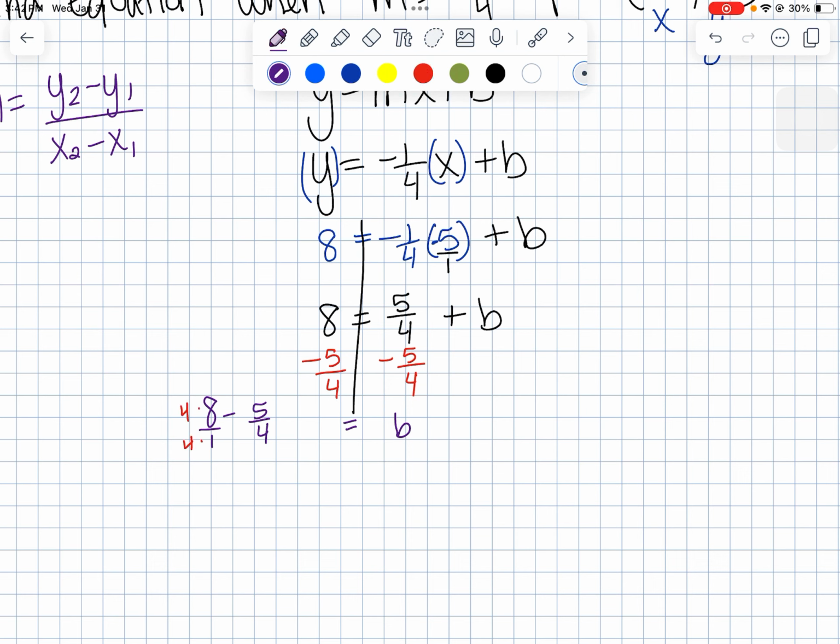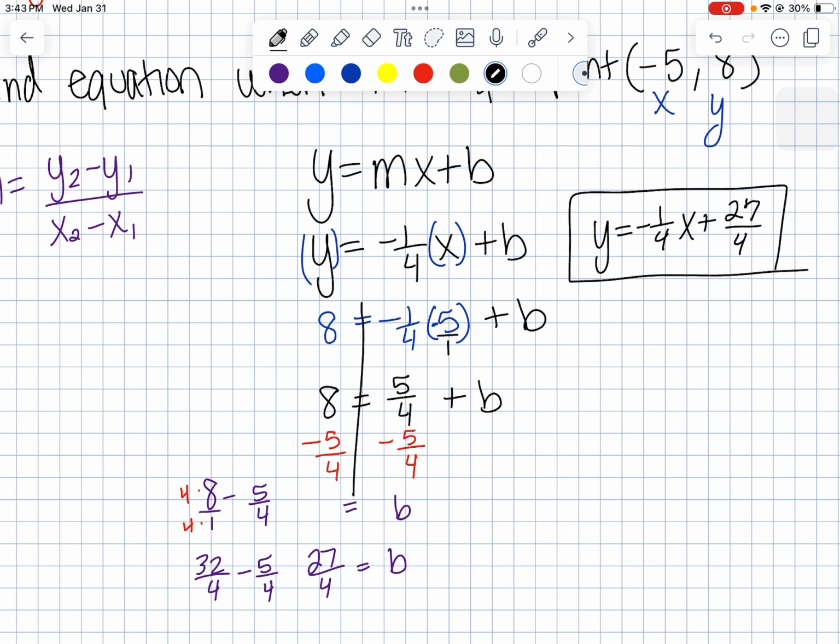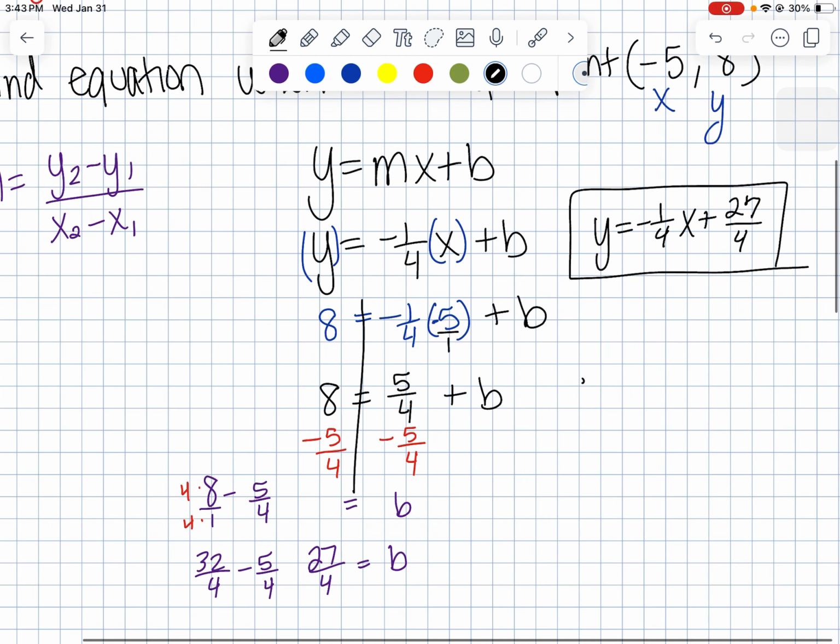That's going to be 32/4 minus 5/4, which is going to give me 27/4. So that's my b value. Then go back and I can write my final answer as y = negative 1/4 x plus 27/4.